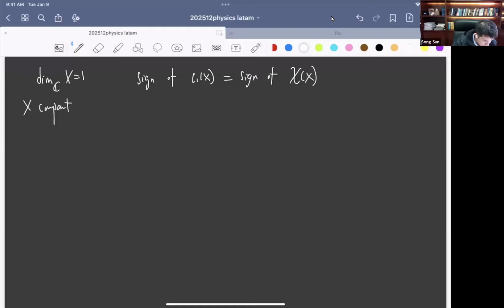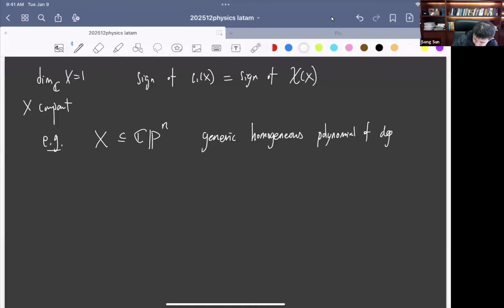Let's look at some examples of definite first Chern class. This is complex geometry. You take X inside CPn, which is cut out by a generic homogeneous polynomial of degree d.